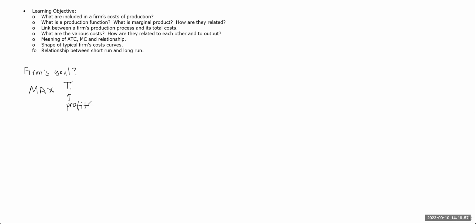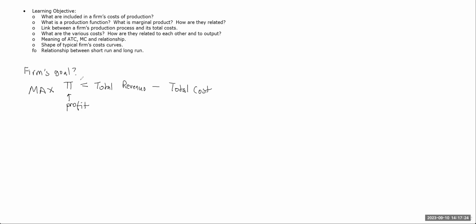Profit is equal to total revenue, how much money they could bring in, minus total cost. How much does it cost to bring in this amount of money? Total revenue minus total cost is the money that the firm gets to keep, the take-home money.